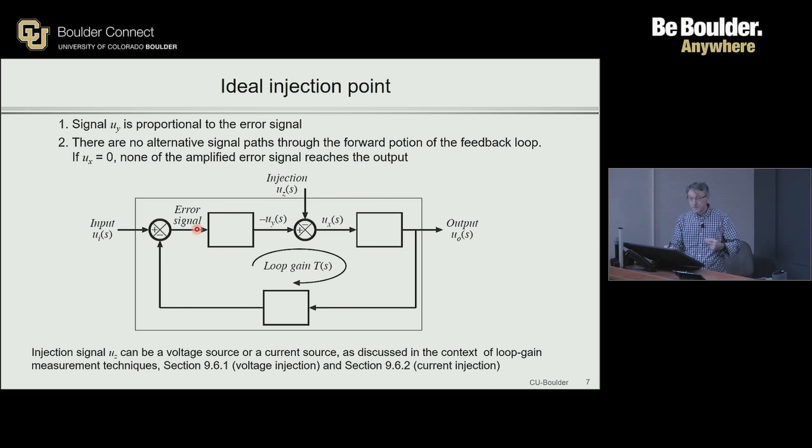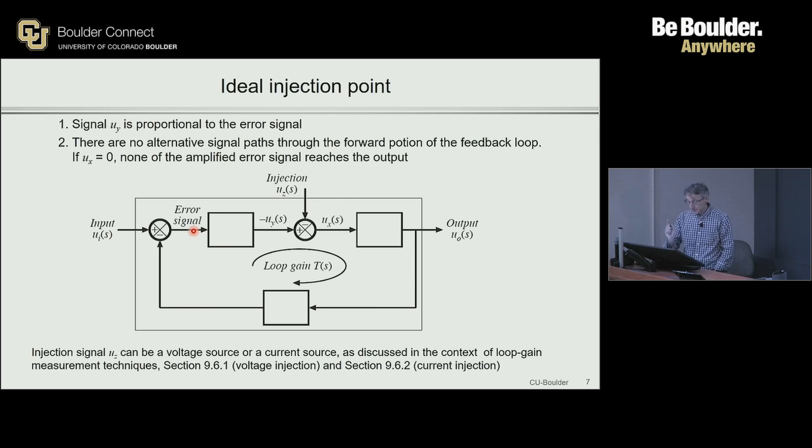And second, there are no alternative paths. There is nothing that is bypassing this right here or going down right here. The forward path is as shown right here, and there is no way for the error signal to reach the output other than going through the path that is shown right here that goes through the point where the injection is actually made. So again, if ux is equal to 0, the output would be unaffected by the error signal.